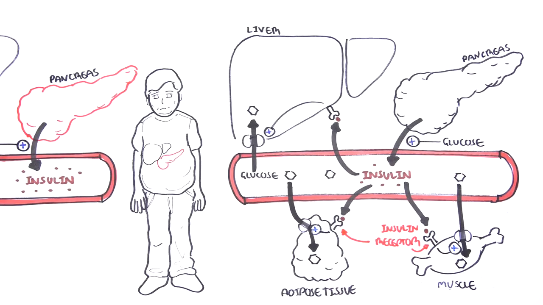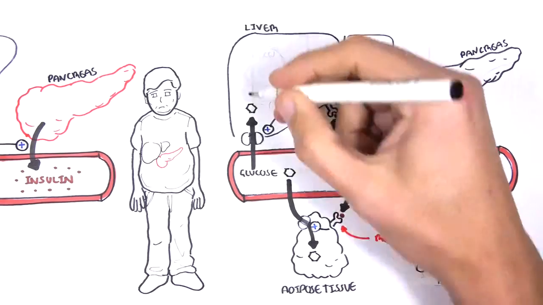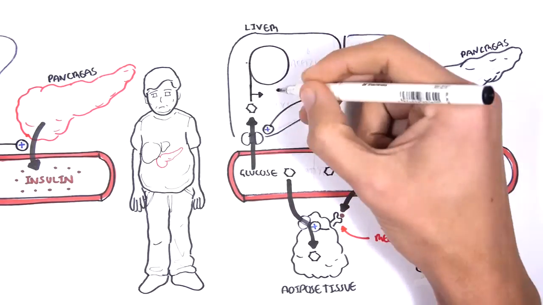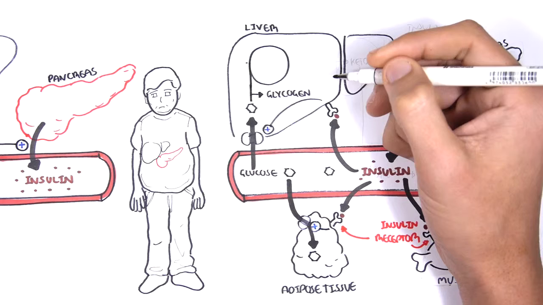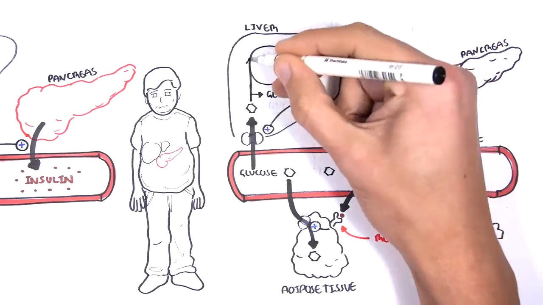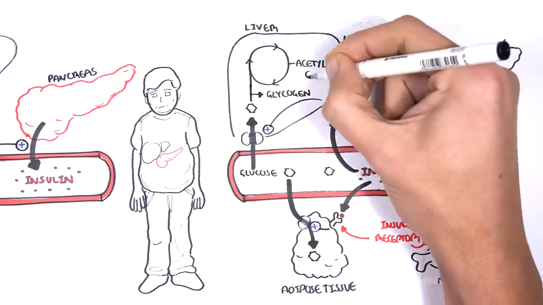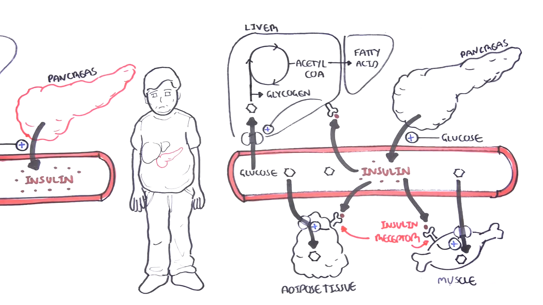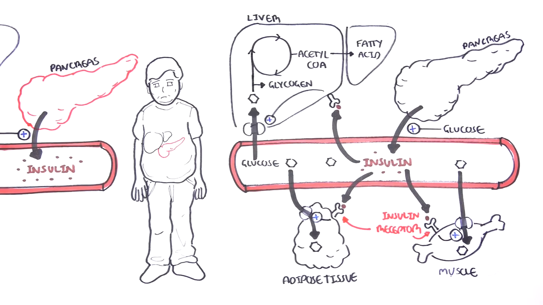Insulin also promotes glucose storage. In the liver, insulin stimulates glycolysis and glycogenesis to store glucose as glycogen. Insulin also stimulates glucose to be stored as fat, which will be subsequently transported to adipose tissue.